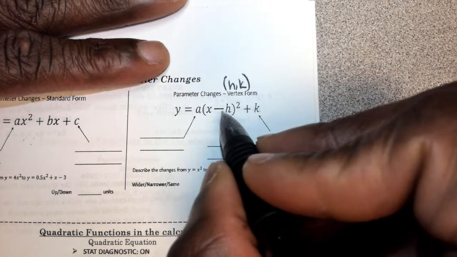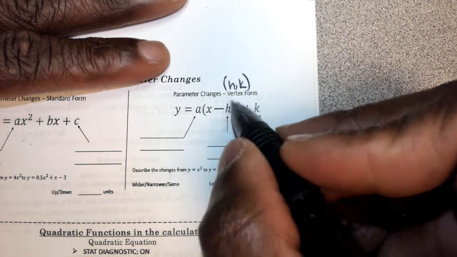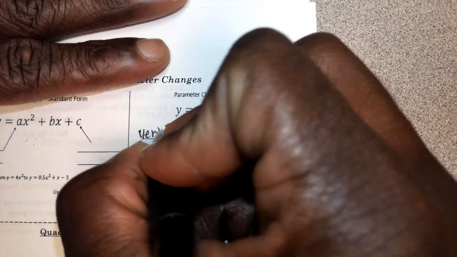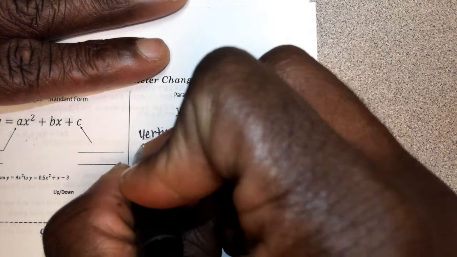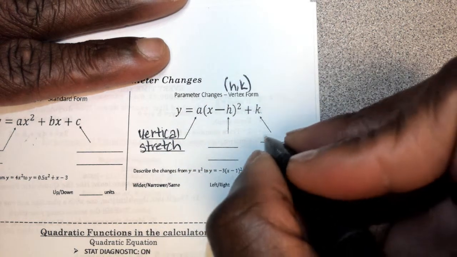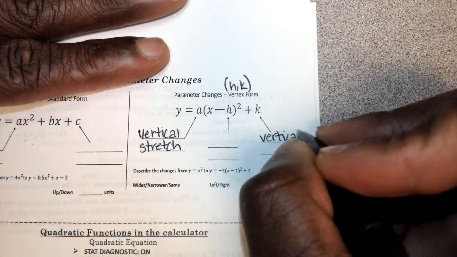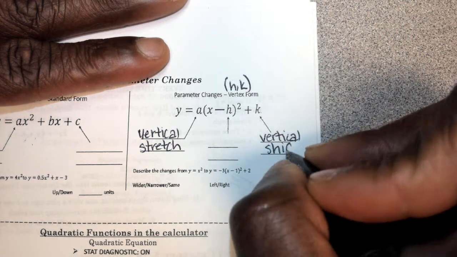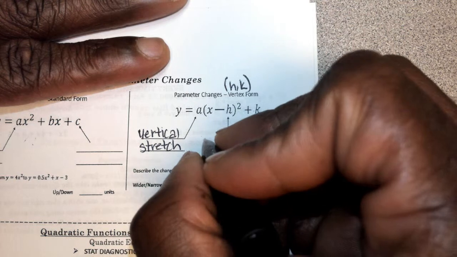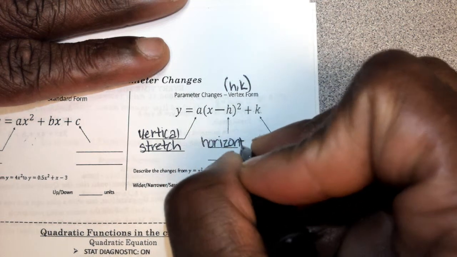Notice that h is the opposite, so whatever your h value is, your vertex is going to have the opposite. Your a causes a vertical stretch, and your k is a vertical shift, so up and down. Your h is a horizontal shift, and it goes in the opposite direction.